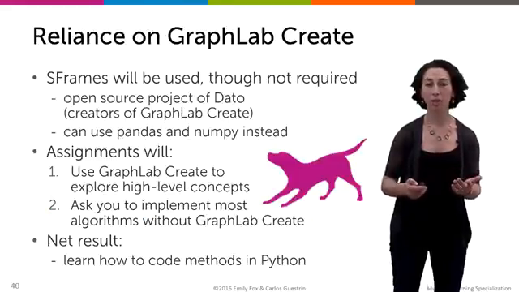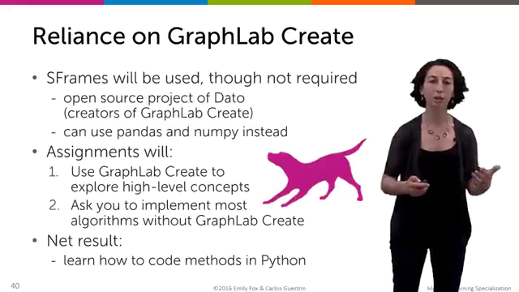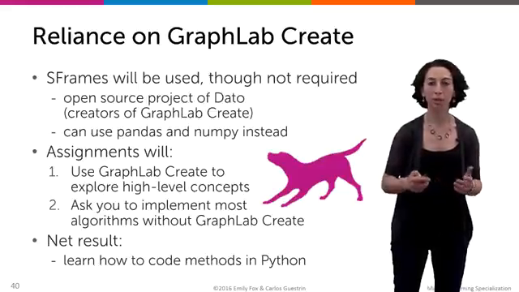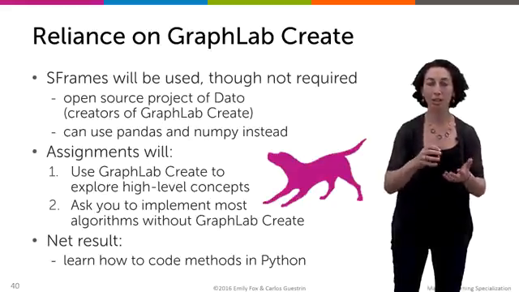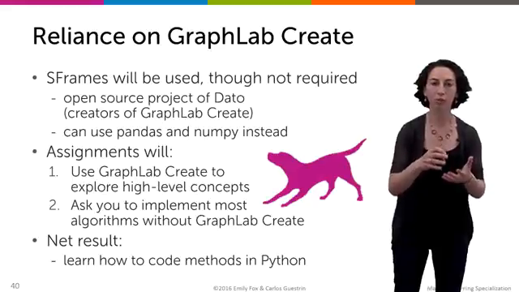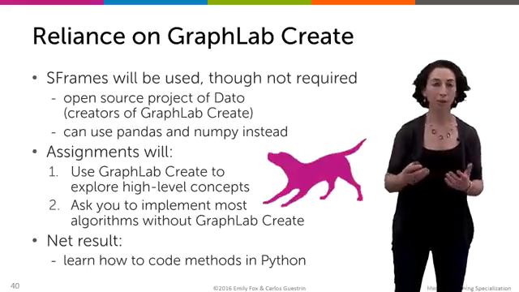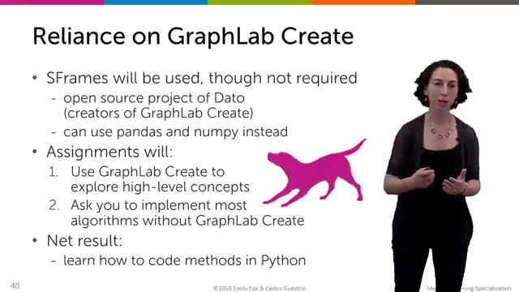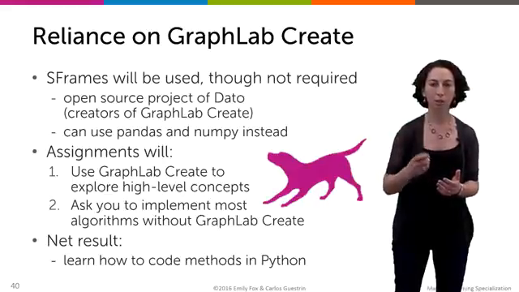And if we think back to the Foundations course, we relied very heavily on pre-implemented algorithms like those available in GraphLab Create, because the point of that course was just to understand the input and output of machine learning algorithms, and we didn't get into the details of what's under the hood in each one of these algorithms. But in this course, we're going to take a deep dive into the algorithmic details, so much so that you should be able to implement them in any language of your choice.